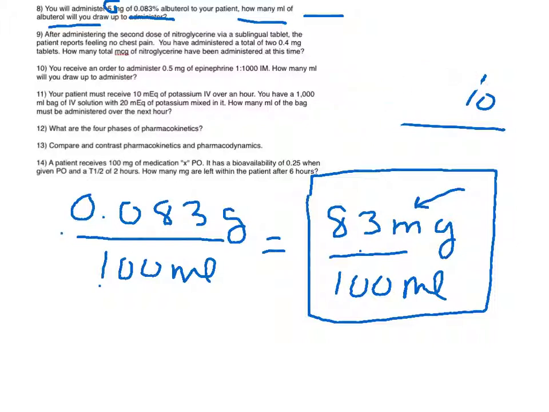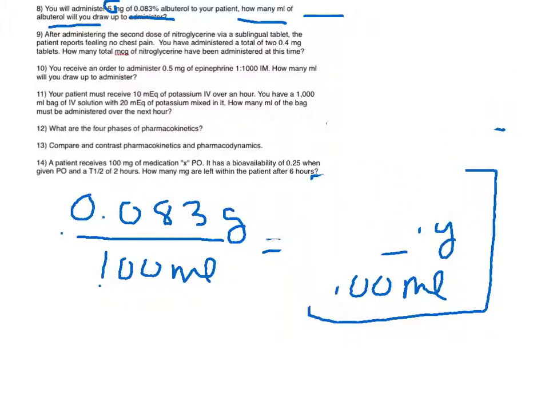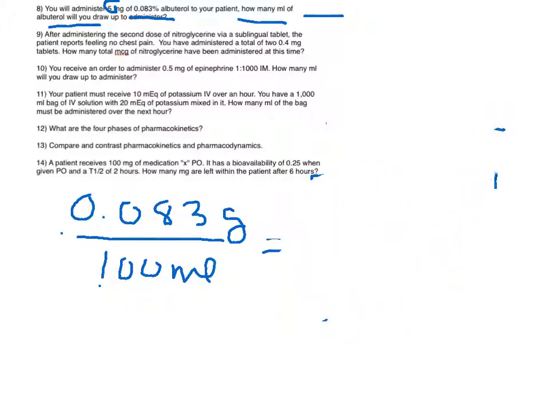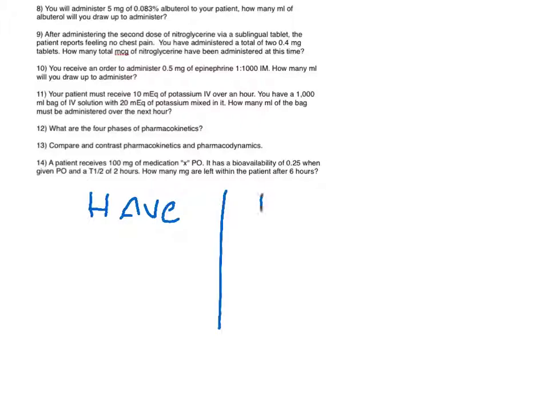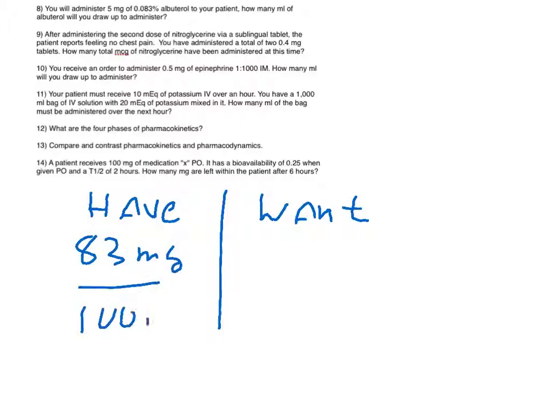So now that I know that, I'm going to erase all this and set up the problem, the way that I've talked about doing the have-want. Other people do proportions, and that's fine if you're more comfortable doing that. So what do I have, and what do I want? Well, I know that I have 83 milligrams in 100 milliliters.